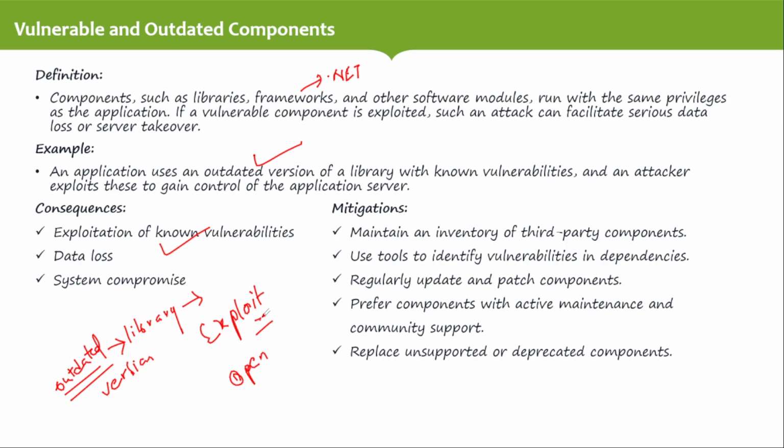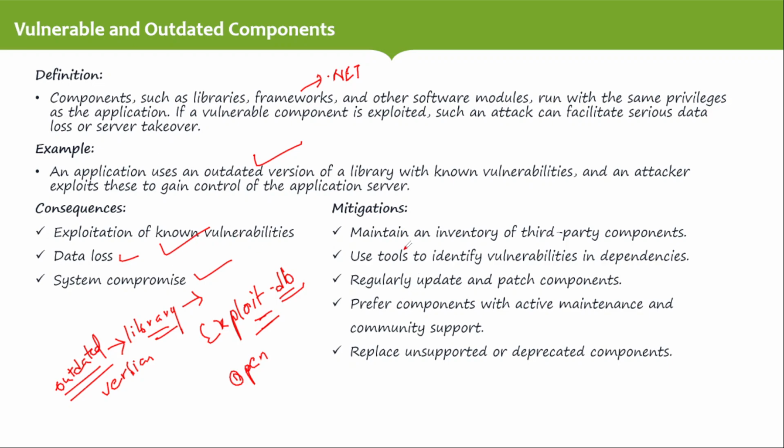If an attack is already ready in exploit.db, which is a database for the respective library and version, then hackers can use that exploit to compromise the application using that vulnerable component. Consequences include data loss and system compromise. So these are different consequences.